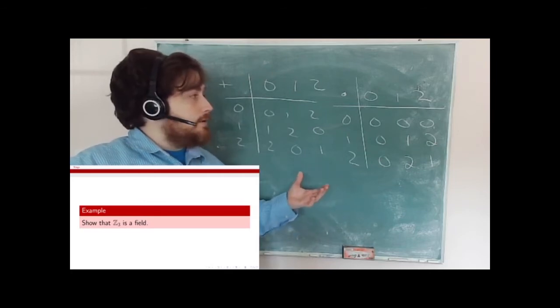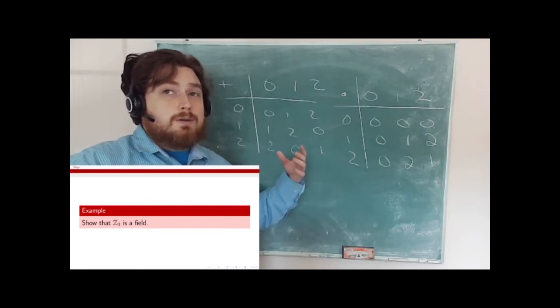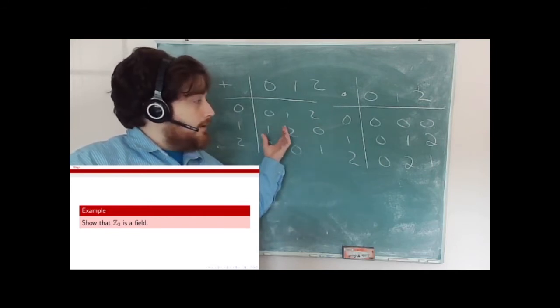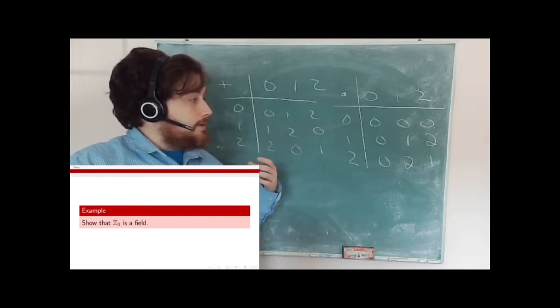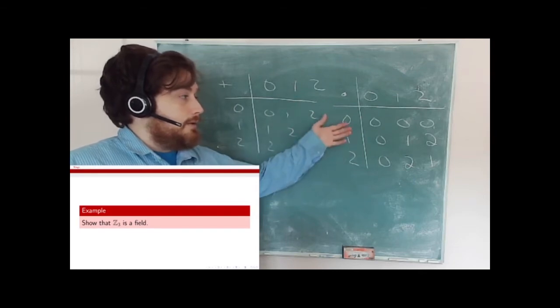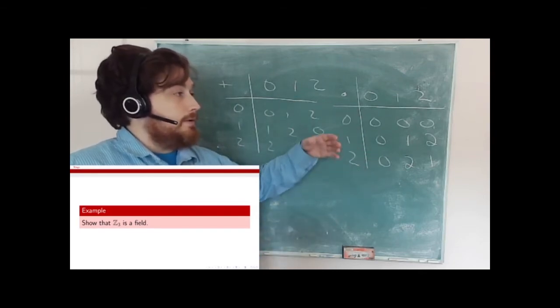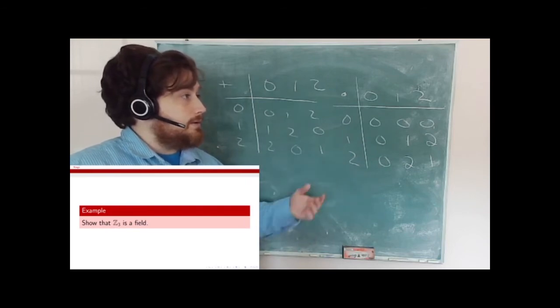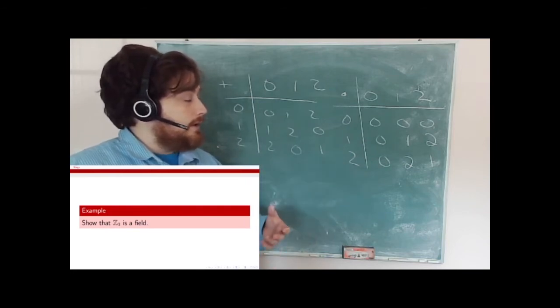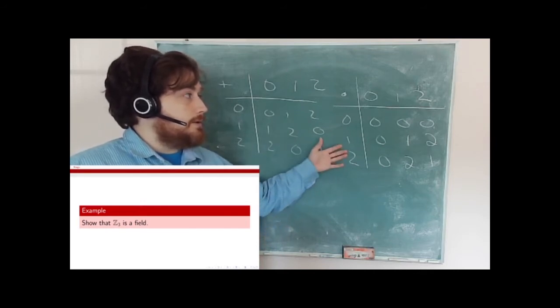And the idea is that in order to show that Z3 is a field as well as an integral domain, I have to show the extra thing that all of the non-zero elements will have inverses under multiplication. Because, well, we already know that under multiplication, it's commutative, there's a unity, it's associative, it's closed.